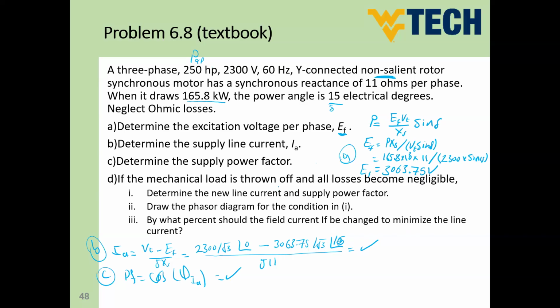If the mechanical load is thrown off and all losses become negligible. So let's do the calculations here, because we may need it to solve the other remaining parts. So I'm going to calculate the current firstly. So 2300 divide root 3 minus 3063.75 at angle.